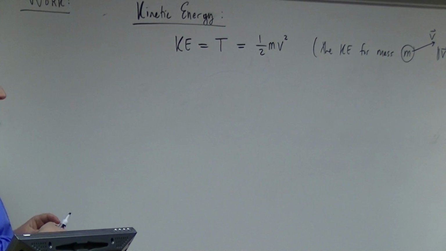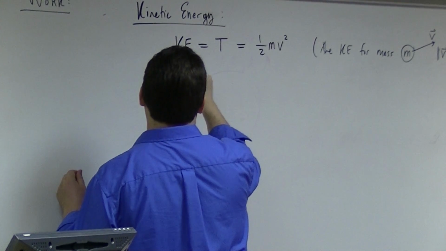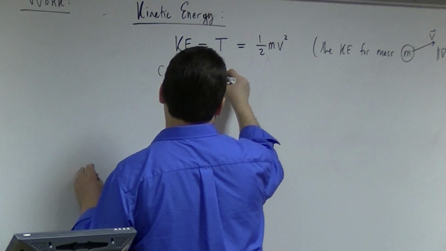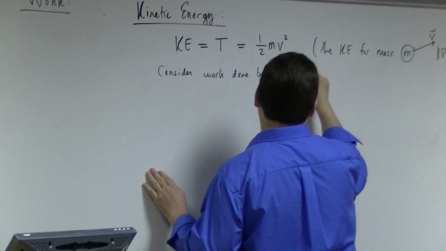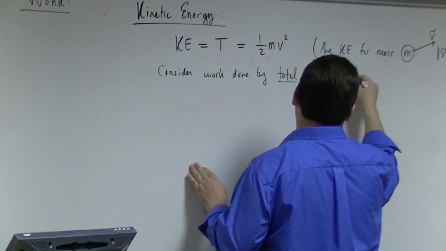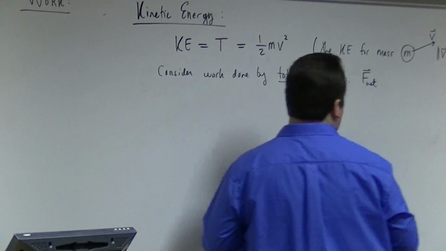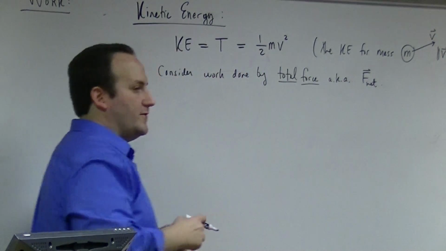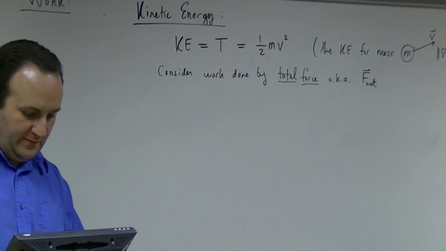What's the connection between this and work? Well, here's the thing. Consider work done by the total force, or the net force. What makes the net force different from the forces I've talked about so far today? There's one very critical difference.